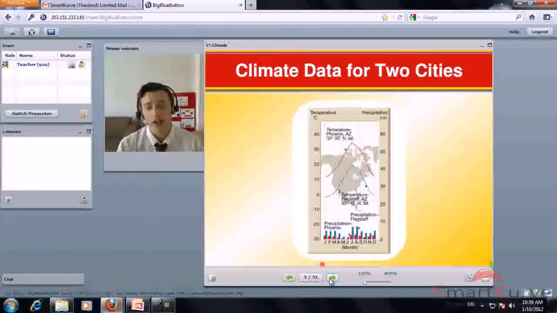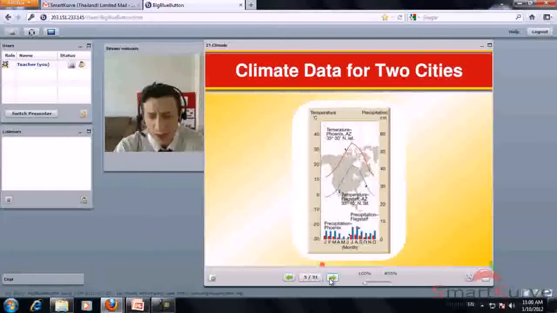The weather is always much hotter in Phoenix than it is in Flagstaff. We can also see that Flagstaff gets much higher precipitation than Phoenix. So Phoenix is hotter and drier. Flagstaff is cooler and wetter.